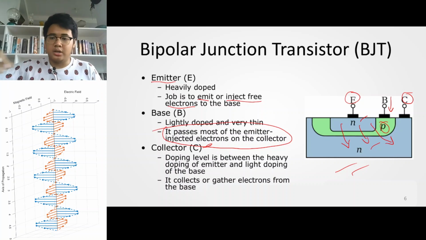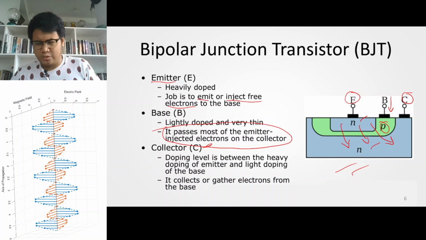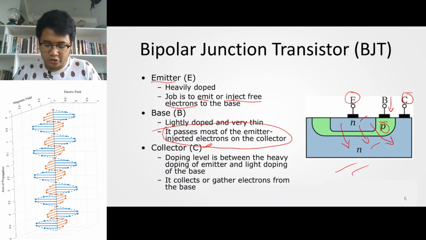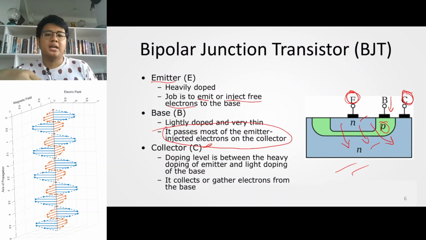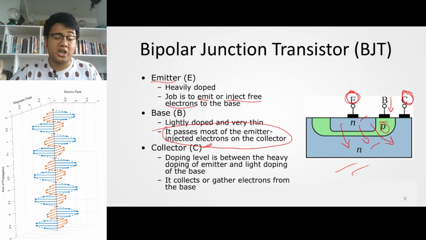Therefore, you have some form of current between your emitter and your collector. So you control this current depending on how you inject electrons or how you inject energy in the base.